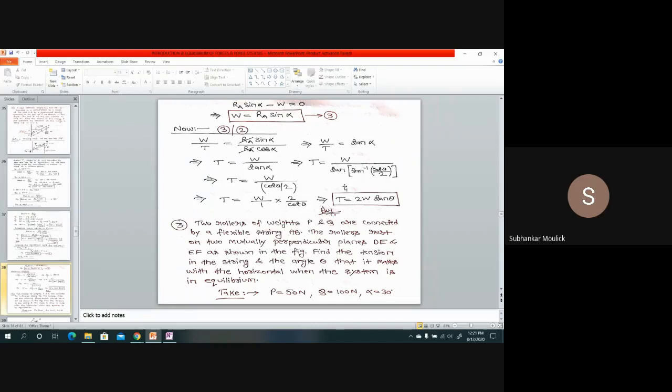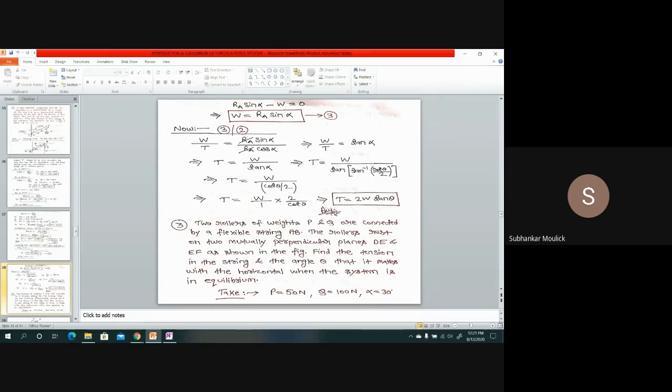By inverse trigonometry, I know that tan of tan inverse of any angle is that angle itself. So T will be W divided by cot theta by 2. So T is equal to W by 1, multiplied by 2 by cot theta. So T will be equal to 2 into W into 1 upon cot theta, which is nothing but tan theta.